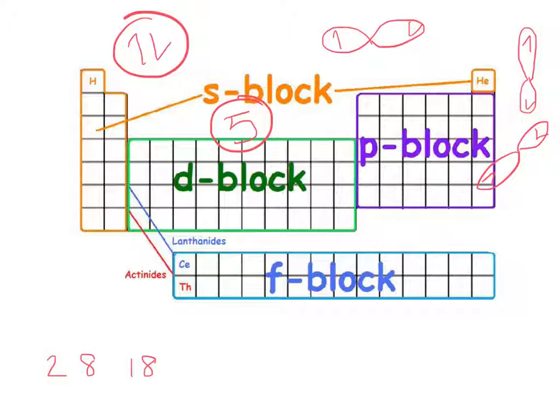And then F block, because it has 1, 2, 3, 4, 5, 6, 7, 8, 9, 10, 11, 12, 13, 14, that means that F block actually has 7 orbitals in it. So the periodic table is pretty well organized for you to figure out where the electrons are living in each atom.